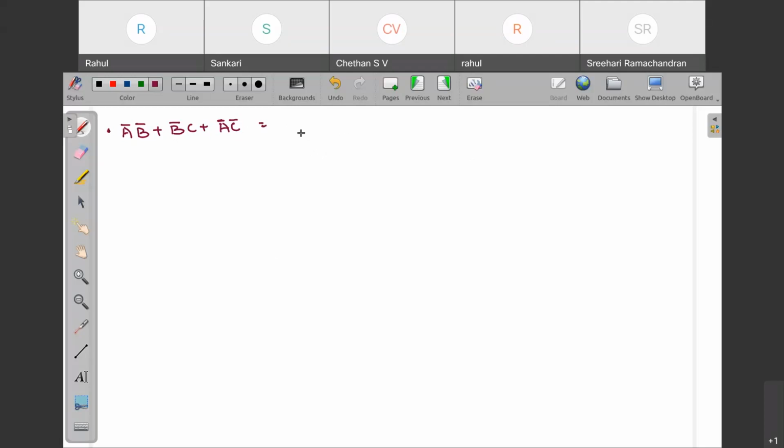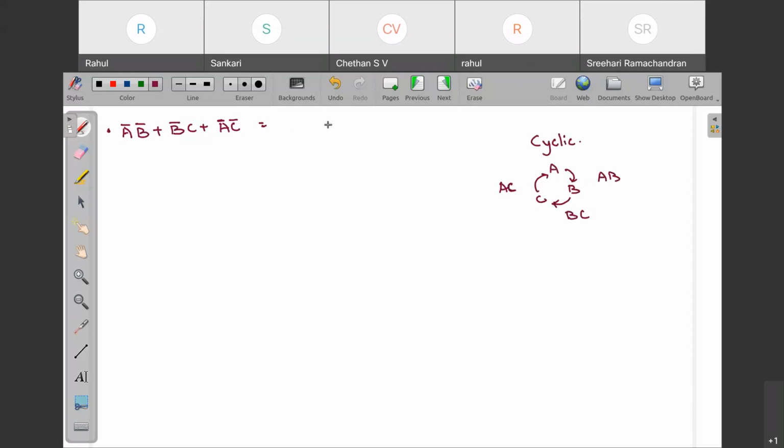So look here. I will tell you the shortcut. Whenever such kind of expression is given, it is cyclic in nature. Cyclic means what? There will always be terms of AB, BC and CA, or I can write AC.